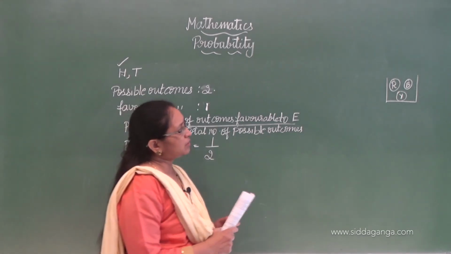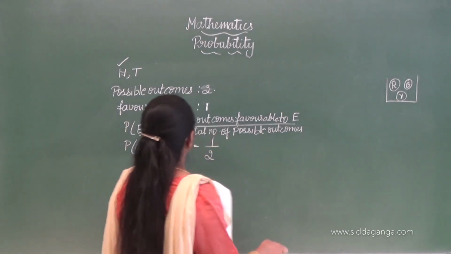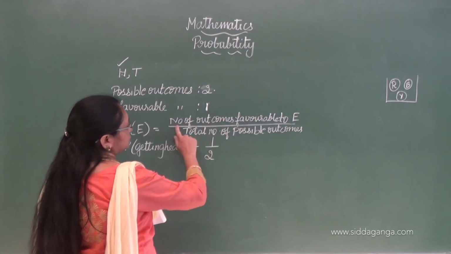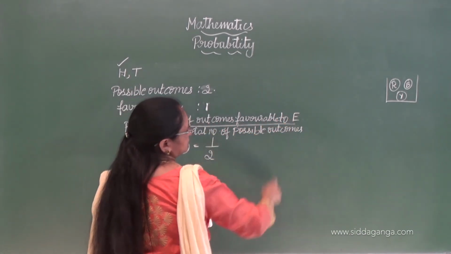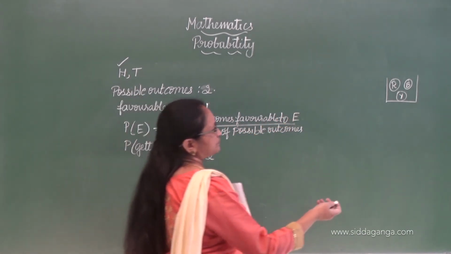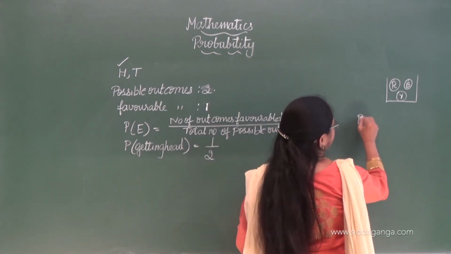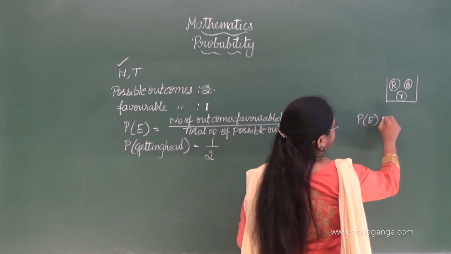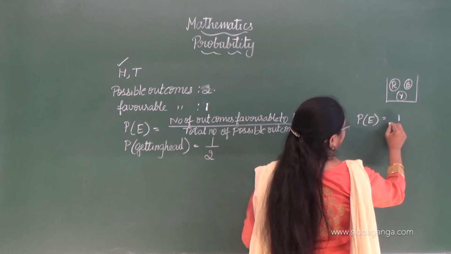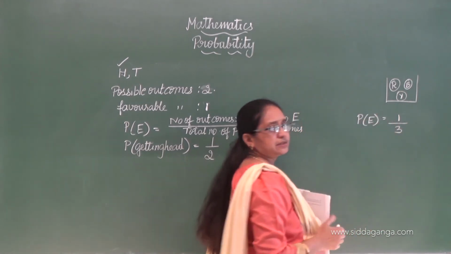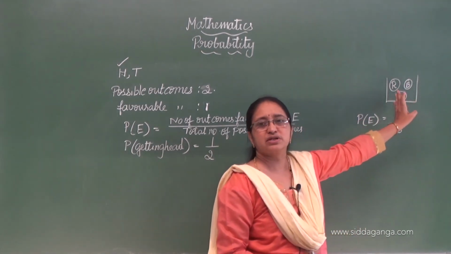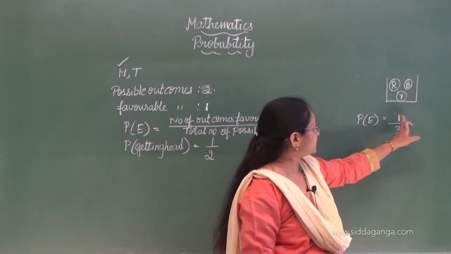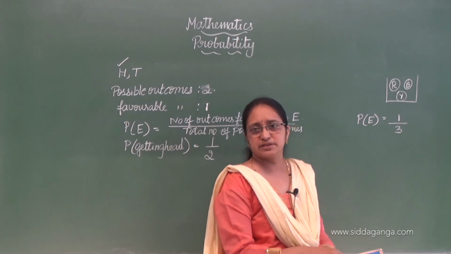Again, P of E is equal to number of outcomes favorable to E. Getting yellow ball is 1 out of possible 3. There are 3 balls inside it. So, probability is 1 by 3.